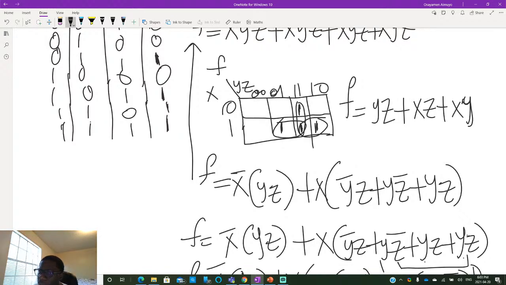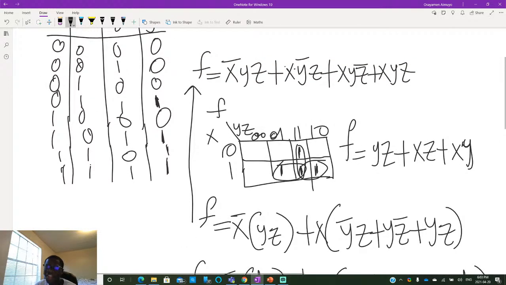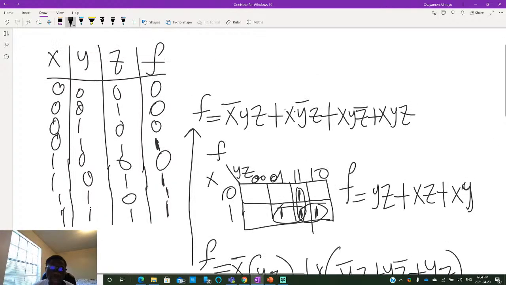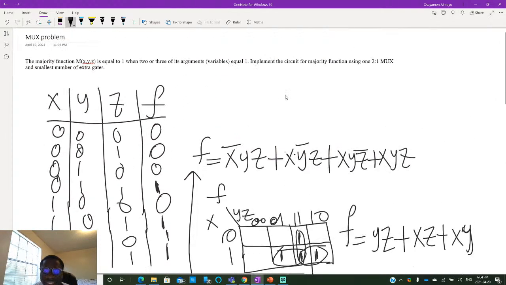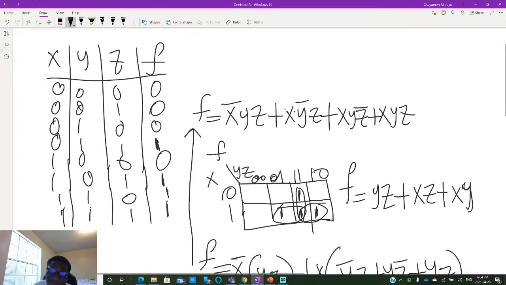And so we can see that for this function specifically, simplifying using the K-map didn't actually help. So the main thing to notice when designing functions using muxes is to first of all look for the term that appears in most of the minterms. In this case, x, y, z appear pretty much throughout, so that's not a good criterion. But for x, well, I would say maybe it was a lucky guess.